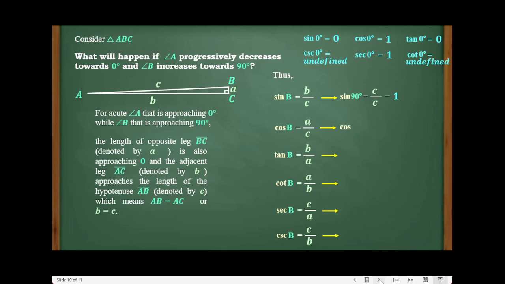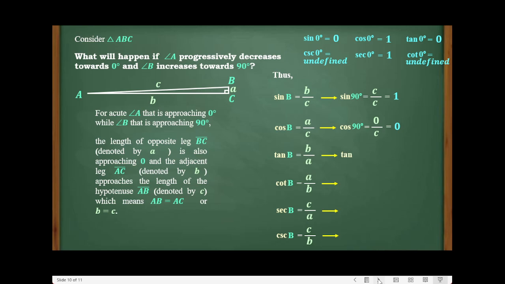For cosine of B, that is equal to 0 over C. So it means there is no adjacent leg that exists. So 0 divided by C will give us 0.